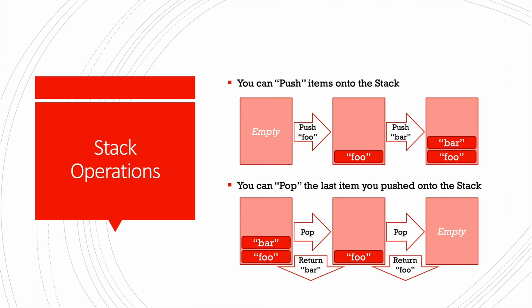We can also pop items off of our stack in the reverse of the order that we push them on. So when we pop our stack which has foo and bar, we receive bar because that's at the top of our stack, and if we issue another pop operation, we'll receive foo, and then our stack will be empty.